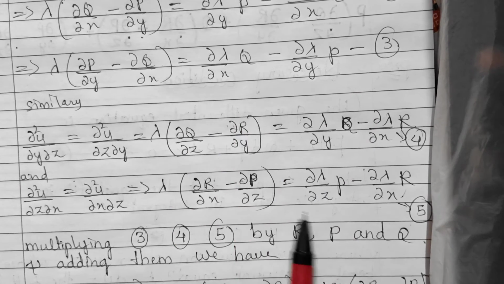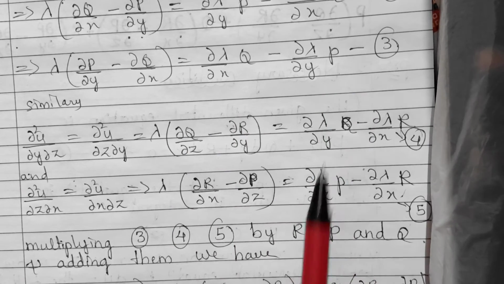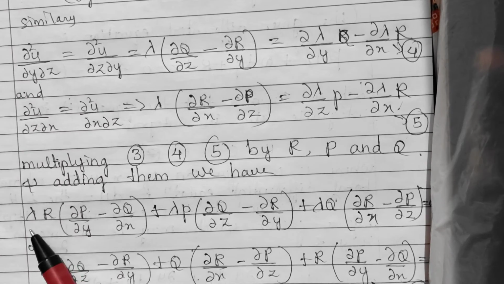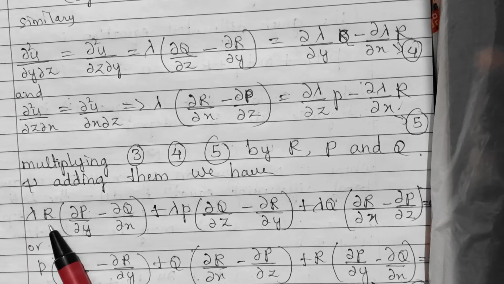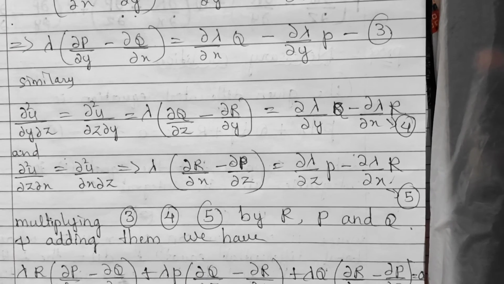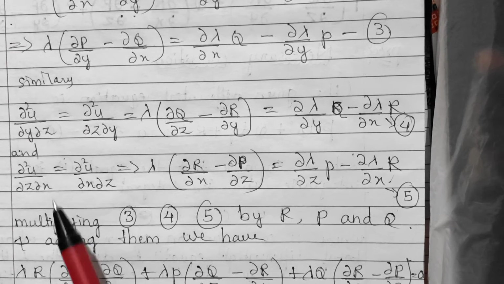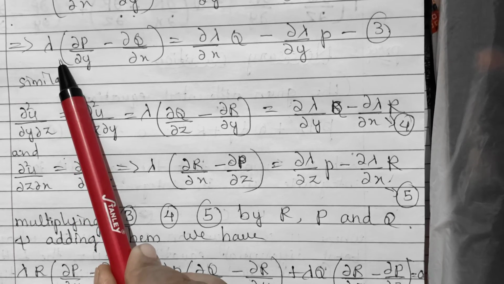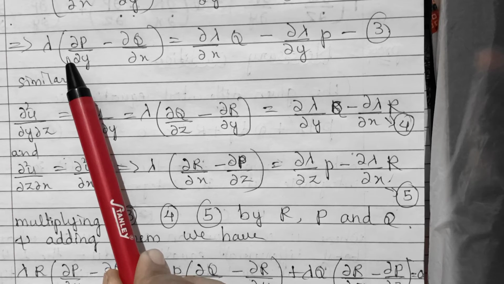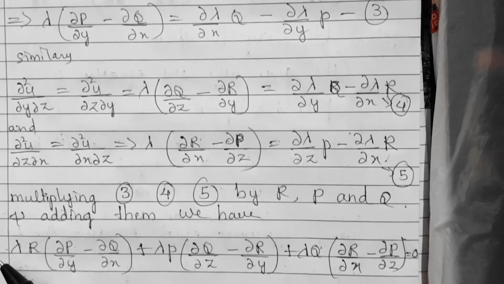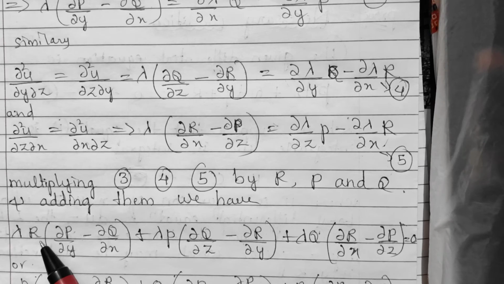Take the LHS value first: equation 3 multiplied by r means λ into r(∂p/∂y minus ∂q/∂x), isn't it? Here you just have to multiply.